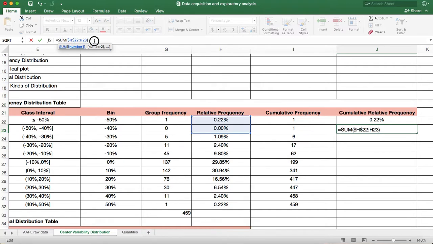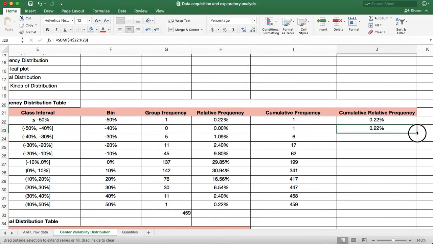Put a dollar sign and then return, and then drag down. Okay, pay attention. The last number of cumulative relative frequency must equal 1 or 100%.